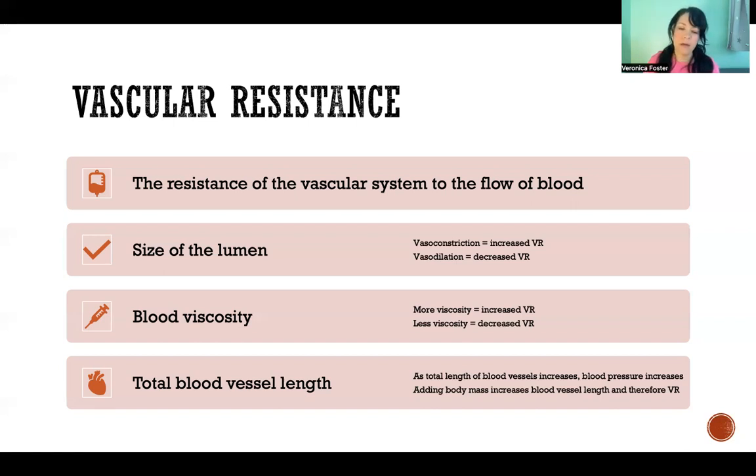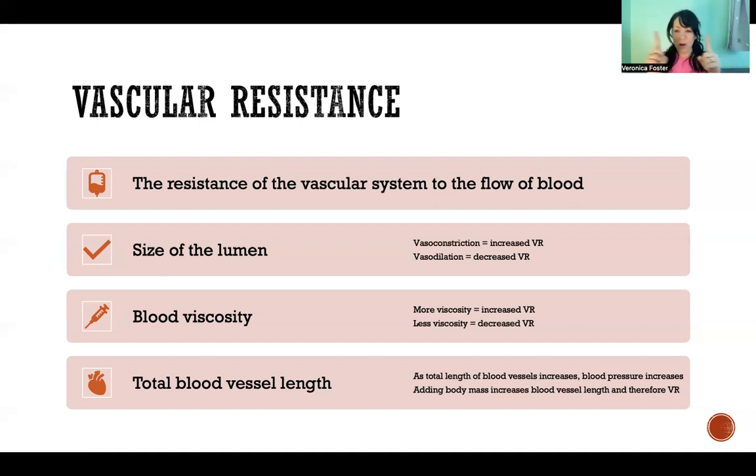That also means if somebody adds body mass, whether that be muscle mass or fat tissue, whatever kind of mass it might be, we're increasing tissue that requires blood supply. So we're increasing the number of miles of blood vessels that the blood needs to travel through to be able to supply that tissue. So that is one of many mechanisms, one of many factors that can connect increase in fat tissue with increase in blood pressure.